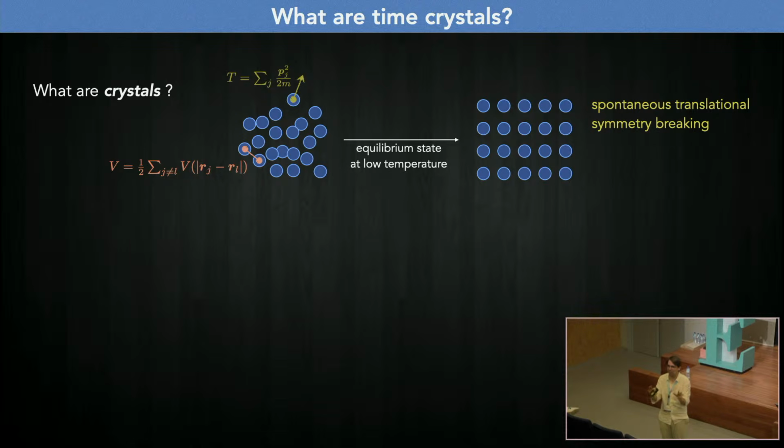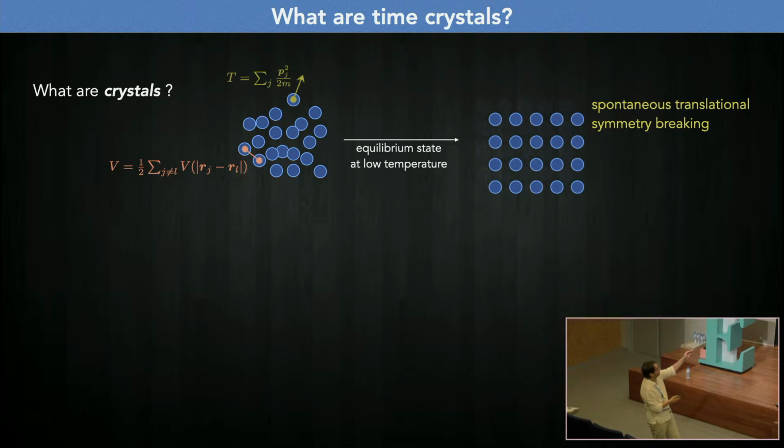So the density is not invariant under translations in space. And you can see that because if I just move, now we can see the state in the background that was there before. So this is essentially the main property of a crystal, spontaneous translational symmetry breaking.